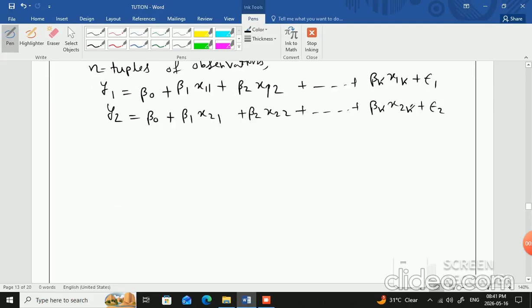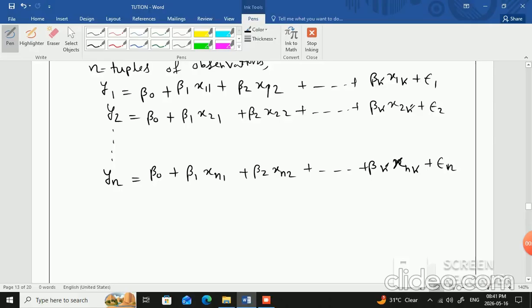In this way yn equal to beta naught plus beta 1 xn1 plus beta 2 xn2 plus beta k xnk plus epsilon n. In this way we get n tuples of observation y1, y2, yn.